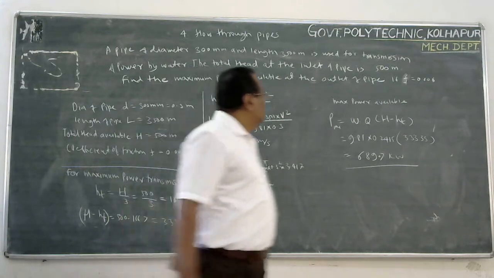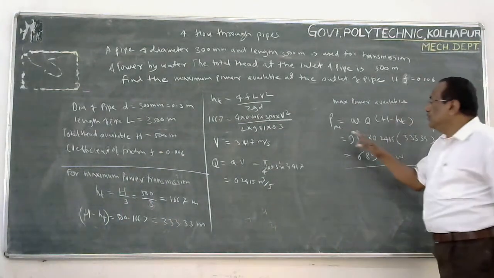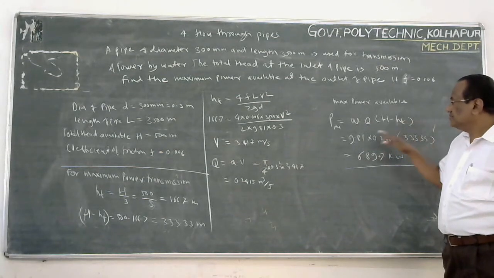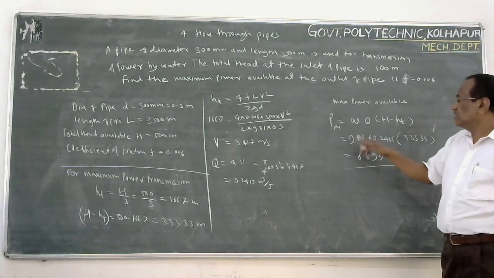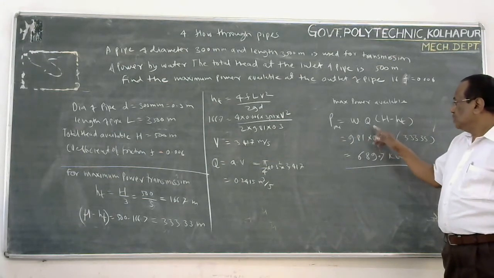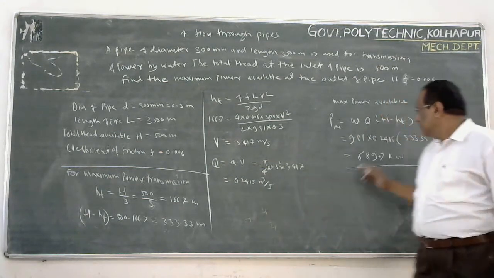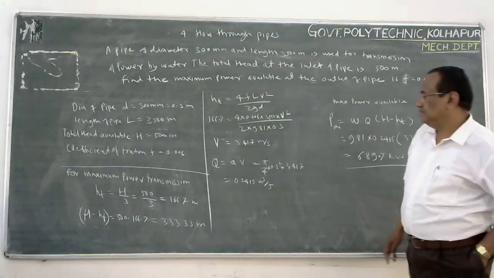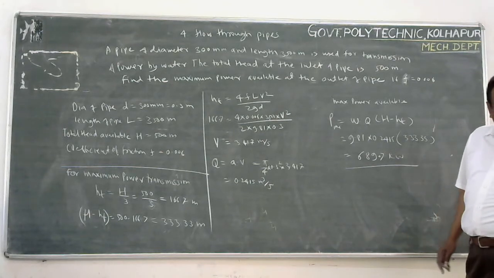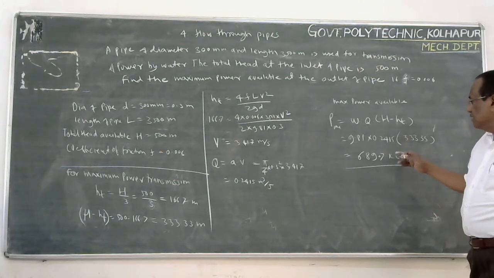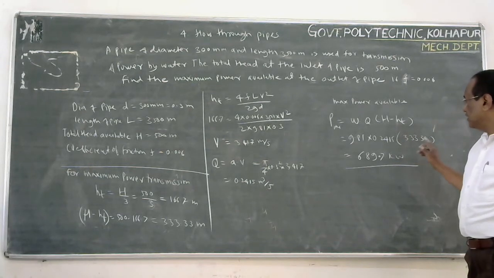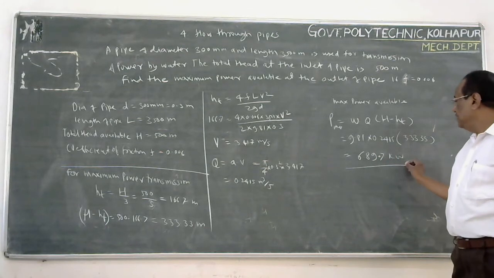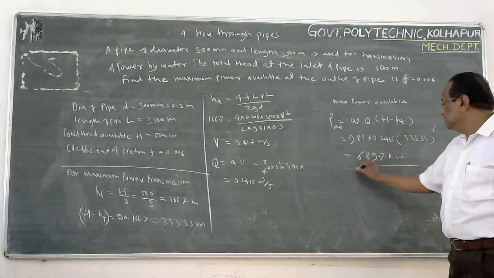Put these values here. Maximum power available, we know that W Q into H minus HF. W is specific weight of water, that is 9.81. Q we have calculated here, put it here. H minus HF also we have calculated. The power comes out to be 689.7 kilowatts. This is the answer.